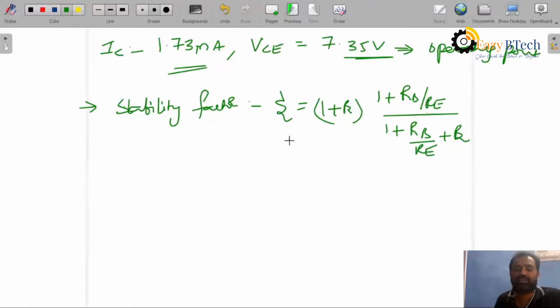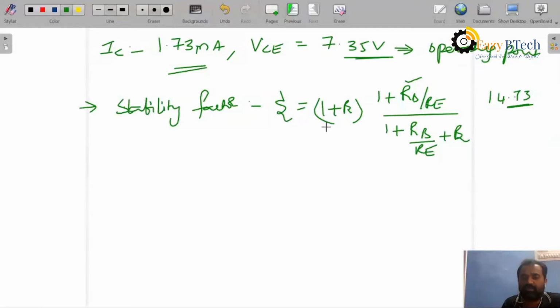Okay, by substituting these values, we know RB, we know RE. RB, what is the value of RB? 14.73 kilo ohm. RE, 2 kilo ohm. Beta is 66.